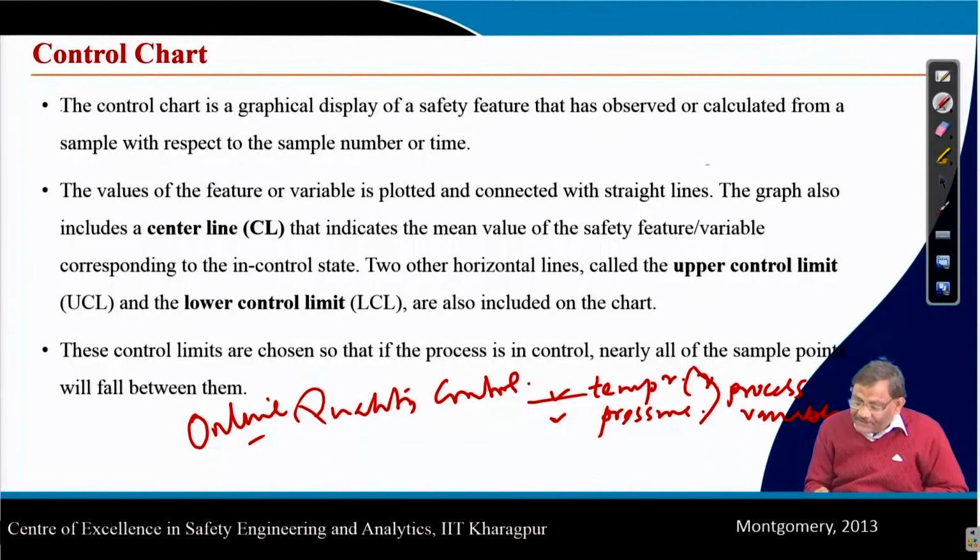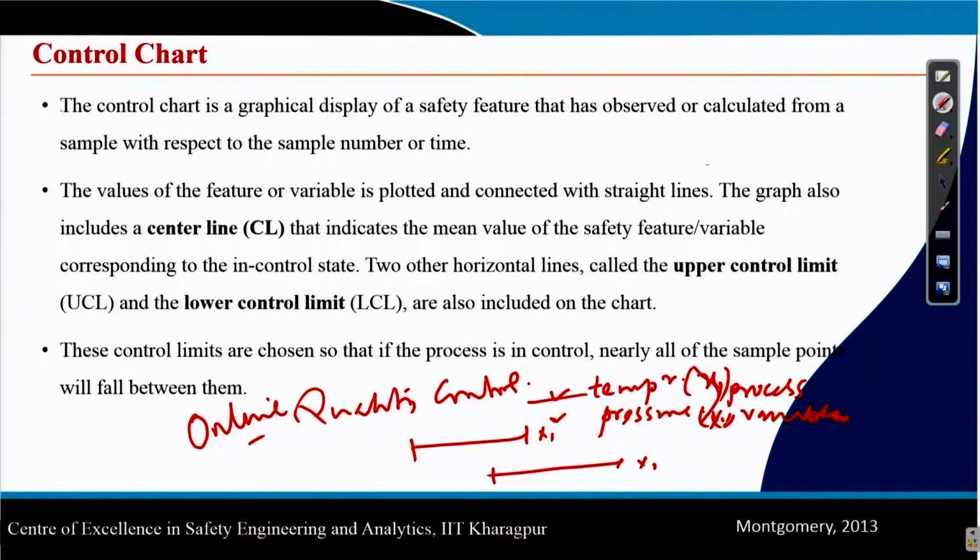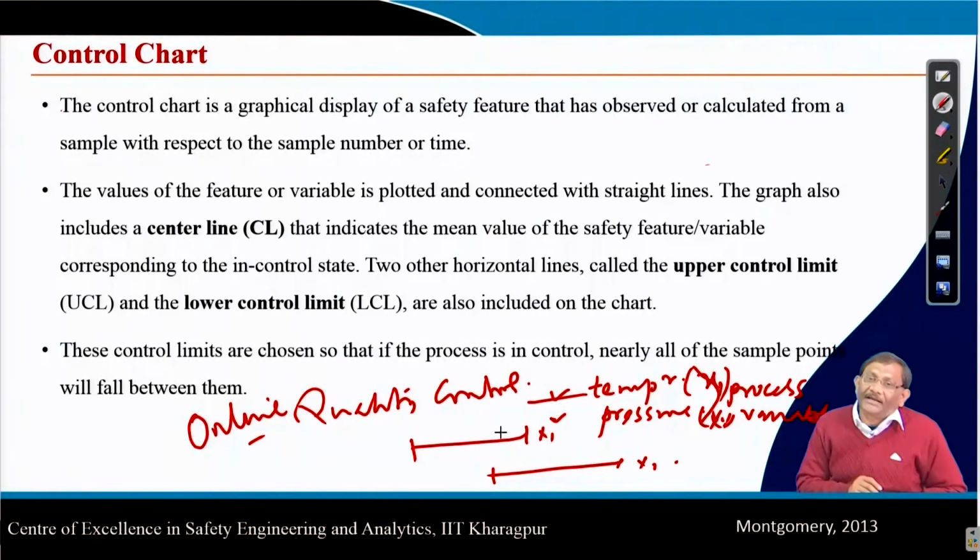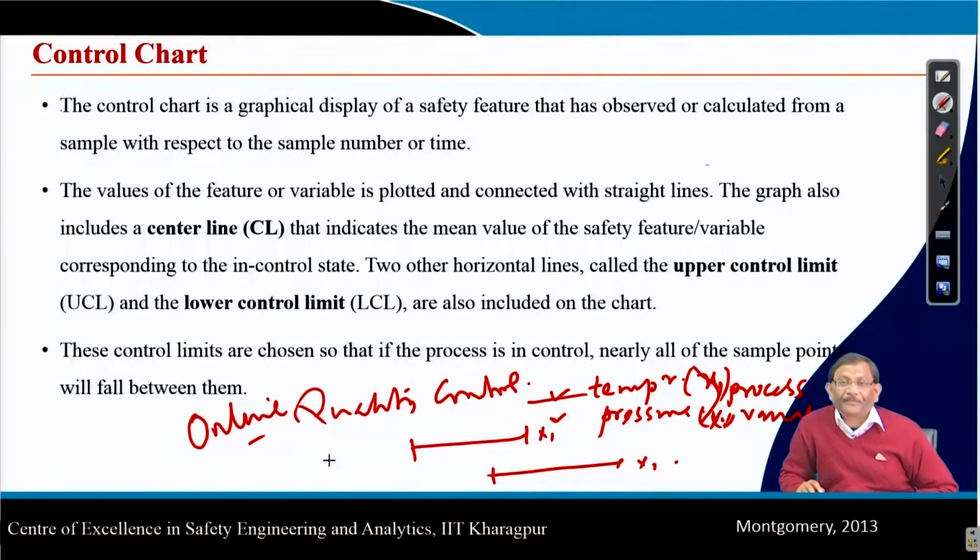If I say this is my x variable or x1 and this is x2, these two variables, there is a range of operation for x1, temperature, and another range for x2, which is pressure. This range is set in such a manner that the ultimate aim is that the output quality will be as per the desired specification.